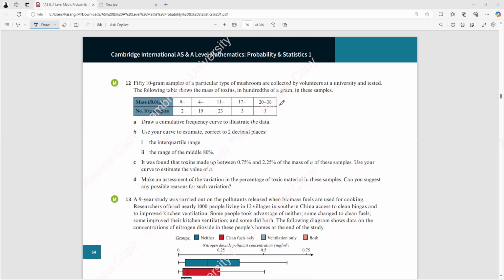That's how it should be, right? But then I get 0.375. 0.75% of 50 is 0.37.